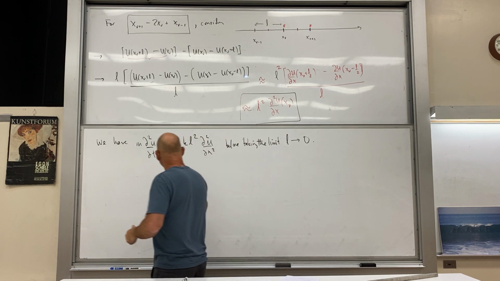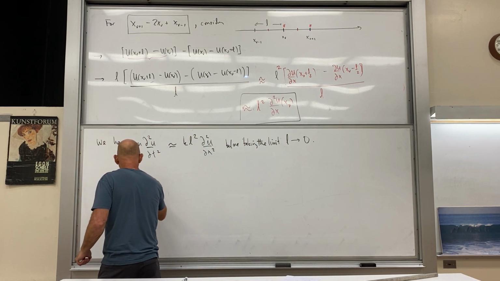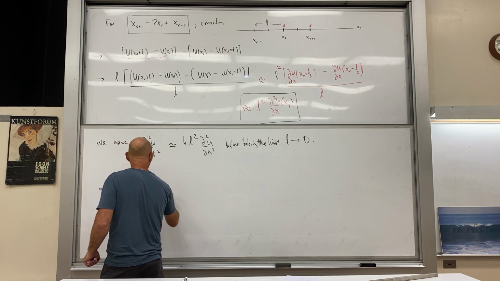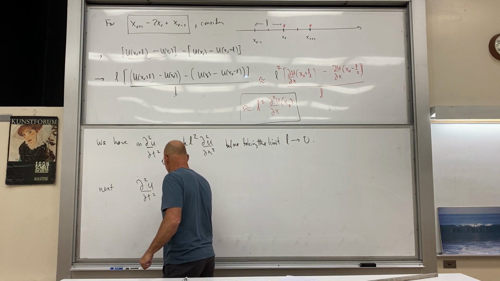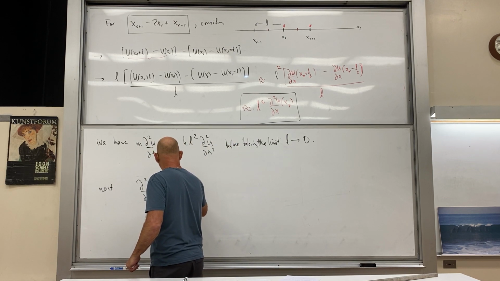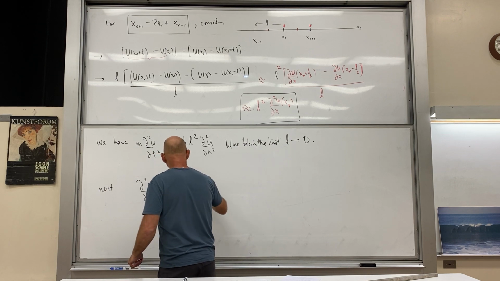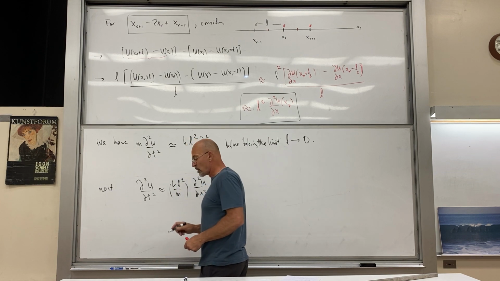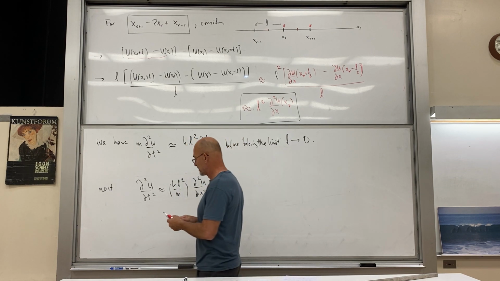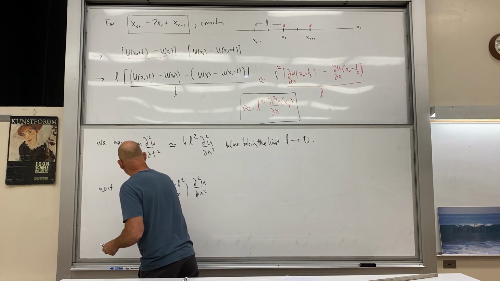However, we can, so what we do next is we're going to write d squared u dt squared equals, not equals, approximately k L squared over m d squared u dx squared. And what we want to do is take that limit, L goes to 0.